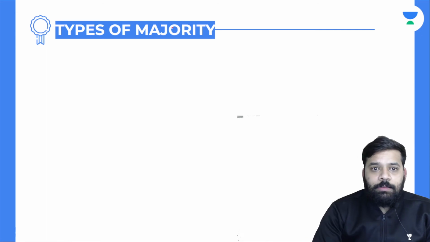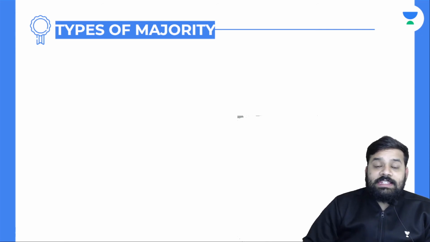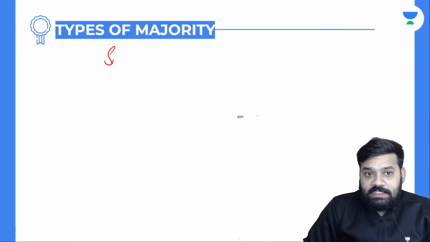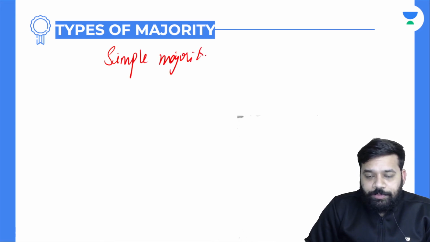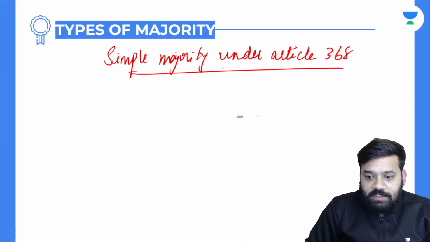And the second type of majority that we saw is special majority under Article 368, correct? So what is it?